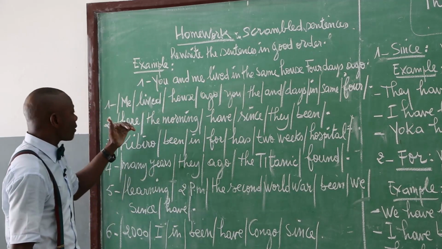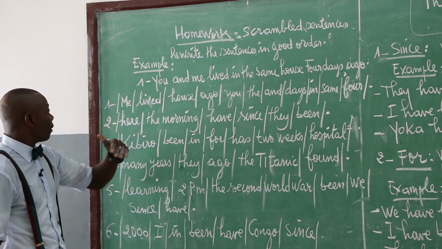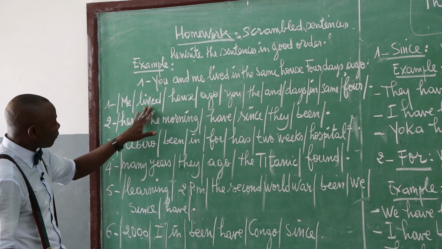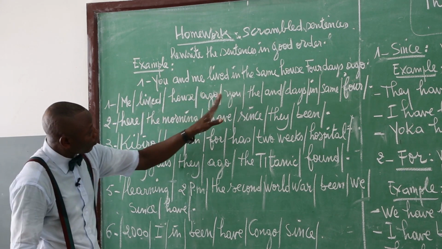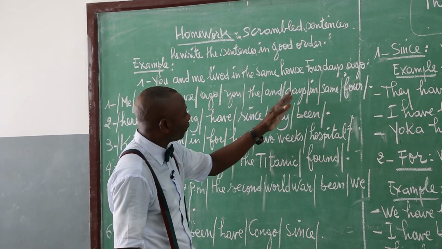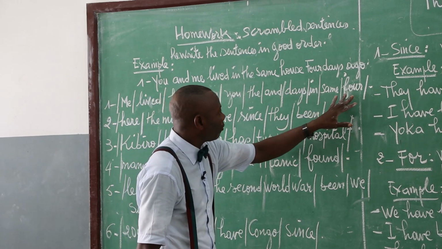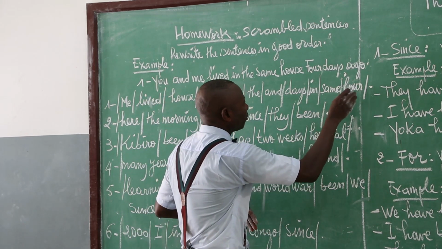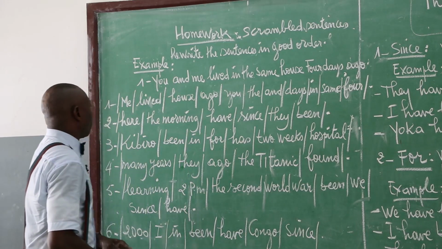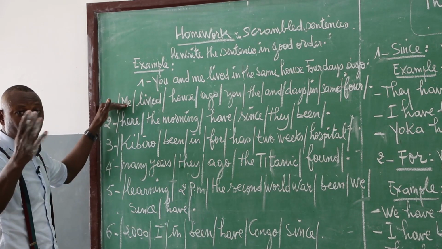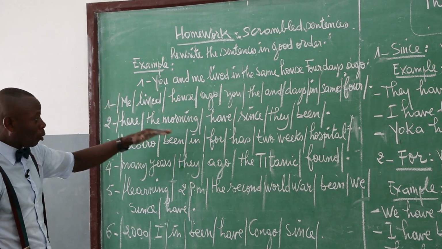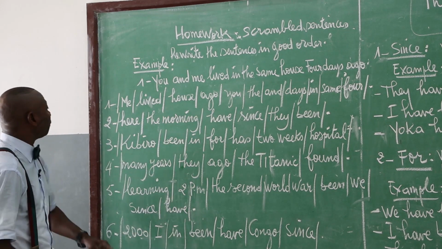Here it is given like this, a scramble sentence: me lived house ago, you the and days in same 4. This one has been done for you as example, okay?